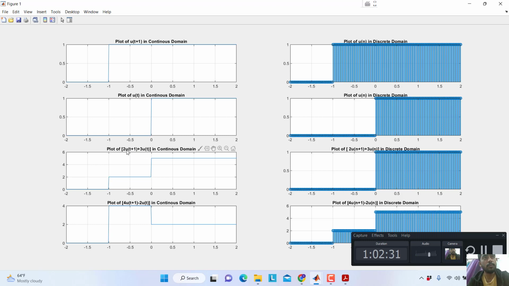We multiply u(t+1) by 2, so the 1 becomes 2, and we multiply u(t) by 3, so the 1 becomes 3. So we plot 2u(t+1) plus 3u(t), and this is the result of adding the two signals.